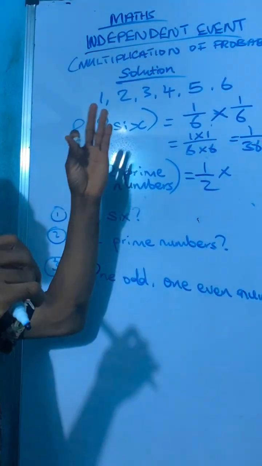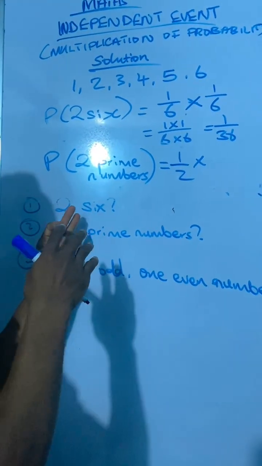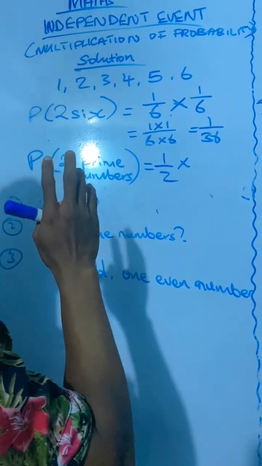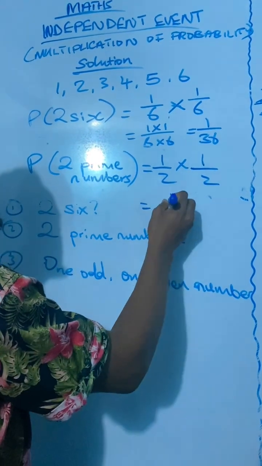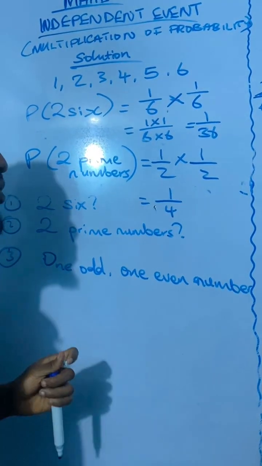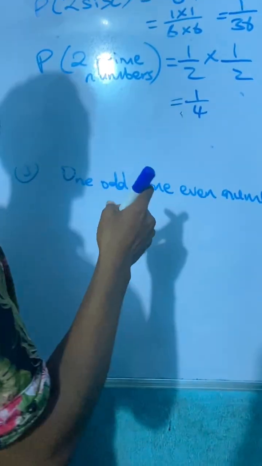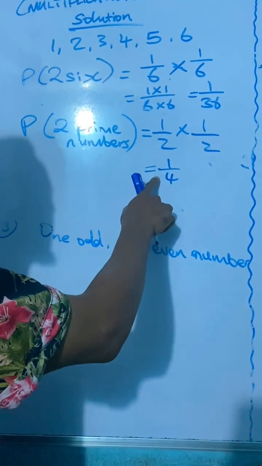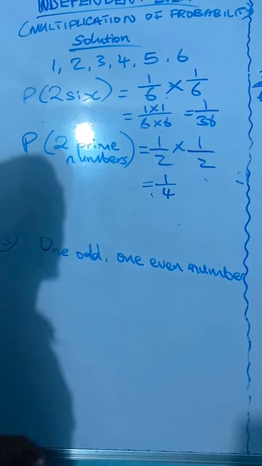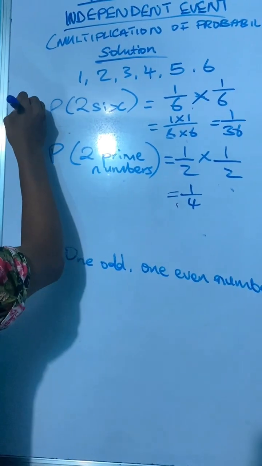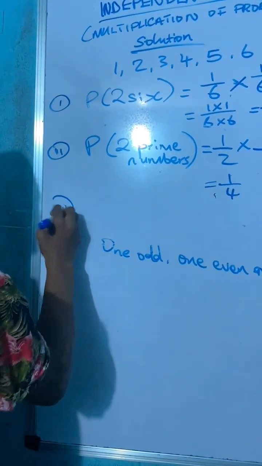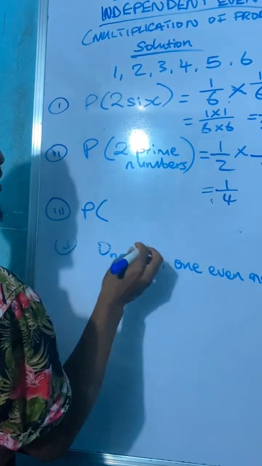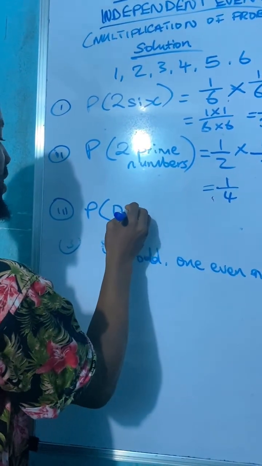If I get 3 and 5, it has met this condition of getting 2 prime numbers. So 1 over 2 times 1 over 2 is going to give you 1 over 4. Are you there? So now the last one is the third one: the probability of getting one odd and one even number.